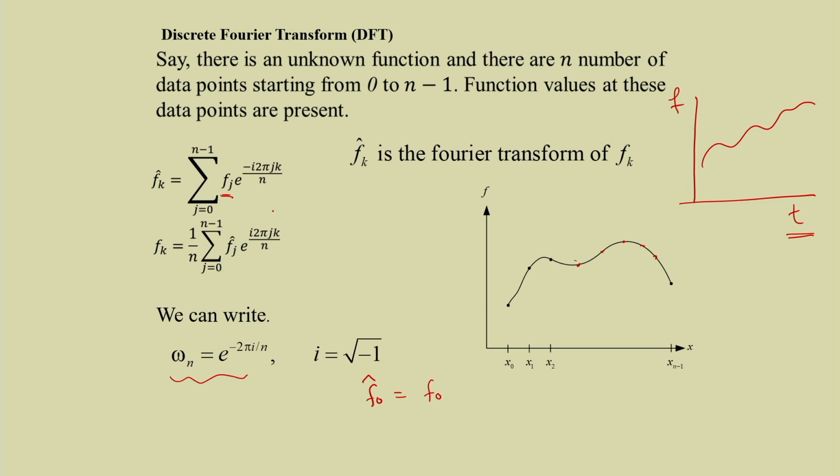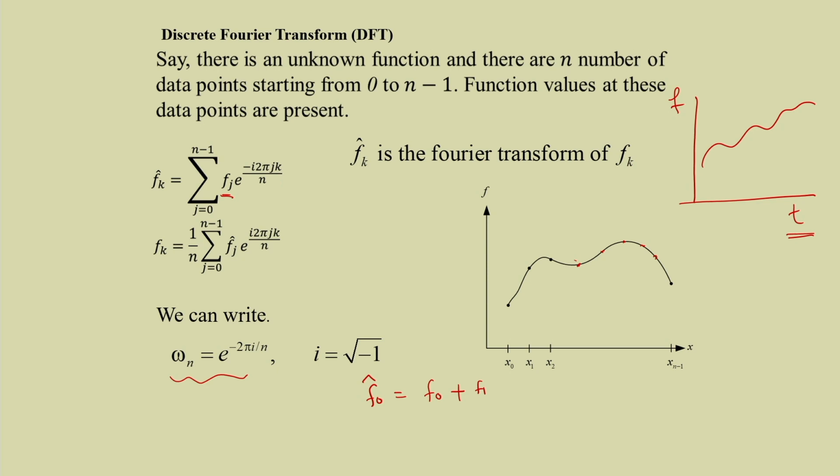Now k is taken to be 0, so e to the power 0 equal to 1, and this becomes f 0. Then the next term, j equal to 1, becomes f 1 into e to the power minus 2 i pi into 0, so it becomes e to the power 0.